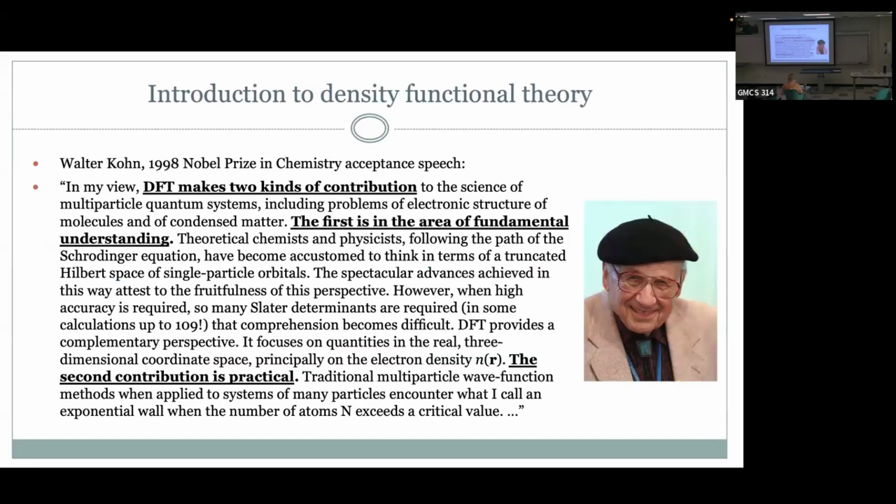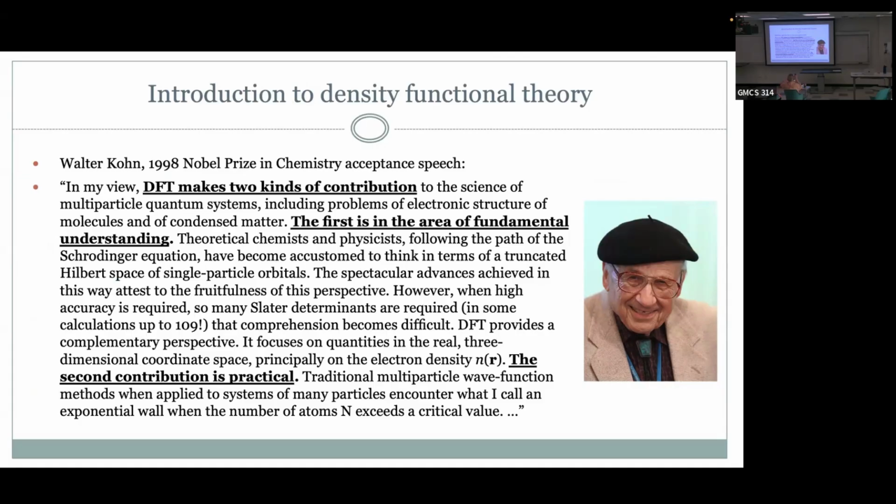Okay. So density functional theory has been very, very successful in practical applications. In 1998, Walter Kohn received the Nobel Prize in chemistry. He said that DFT makes two kinds of contribution. The first is in the area of fundamental understanding.